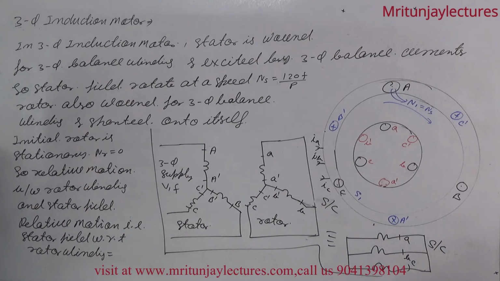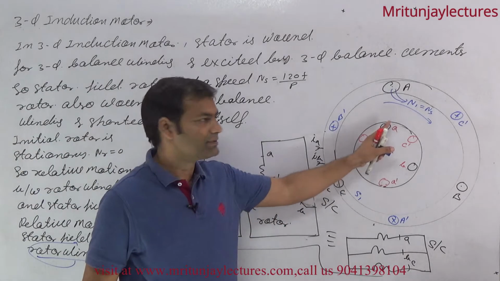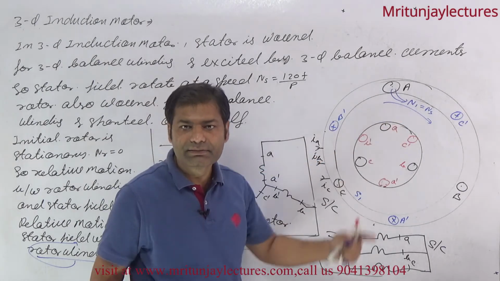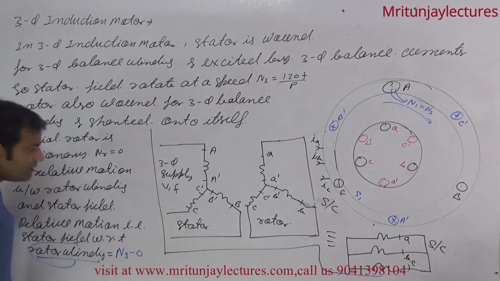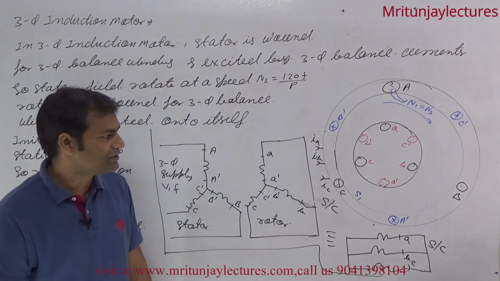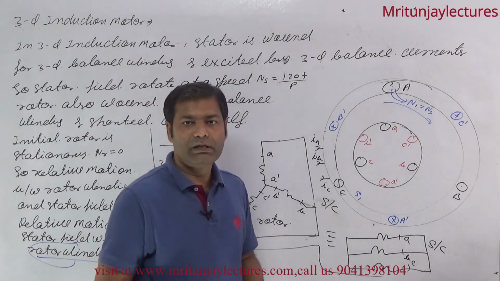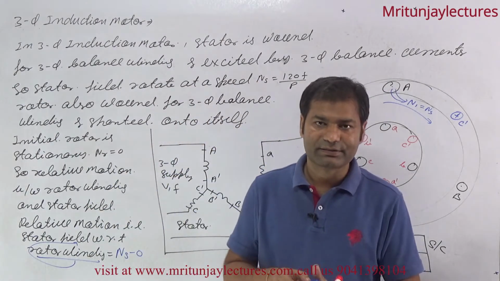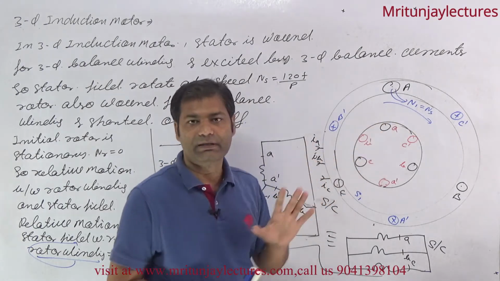That means you sit on the rotor winding and see the stator field, like NS. Initially that is NS minus NR. What about NR initially? That is 0. Initial rotor speed NR is 0, that's why you write NS minus NR. Now it means relative speed occurs between stator field and rotor winding. Clear?